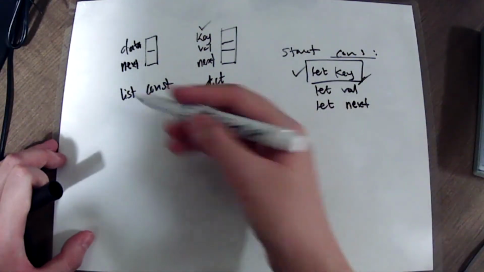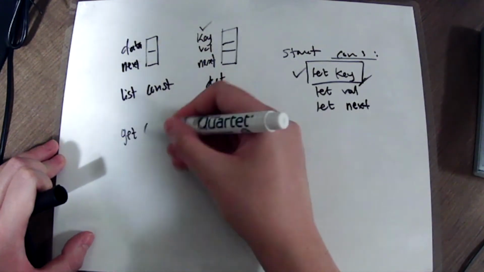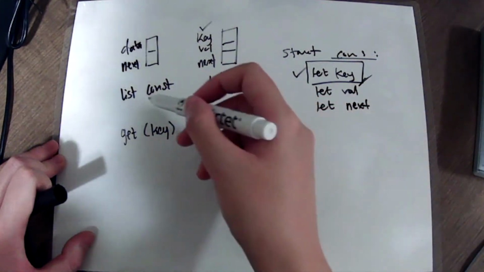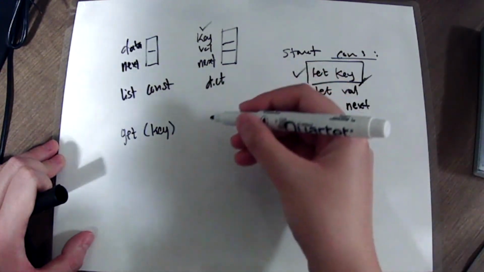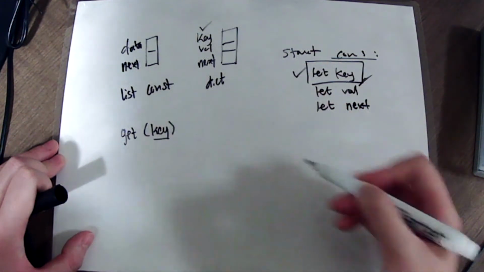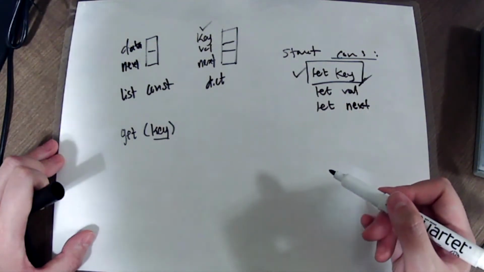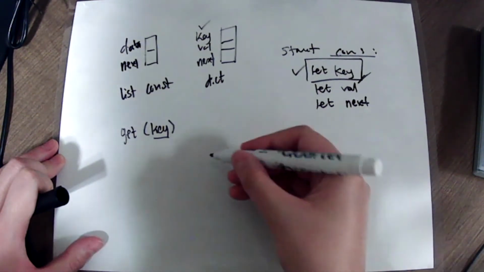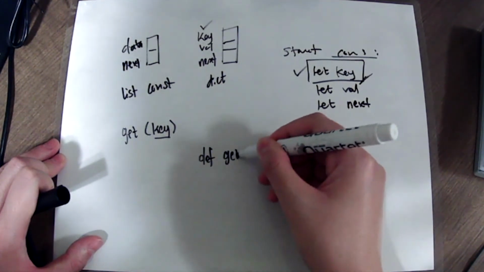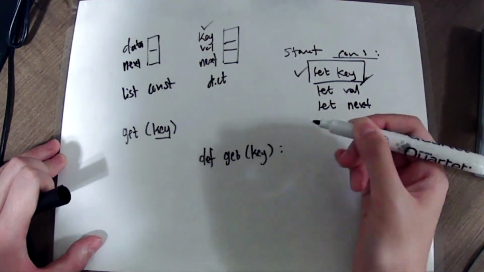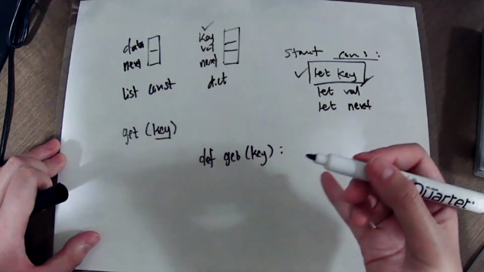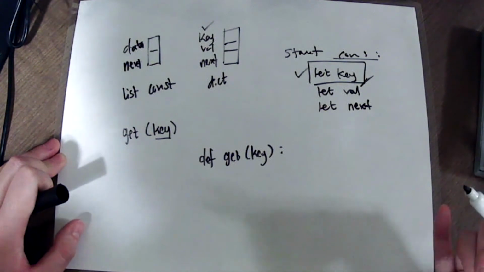So the get method is quite different from the list get. In a list we can only get the nth element, but in the case of dictionary we can get the value based on the key. This is the special method that we can define. Let's define the method together. So def get key. What we do is we also need to iterate. This is pretty inefficient.